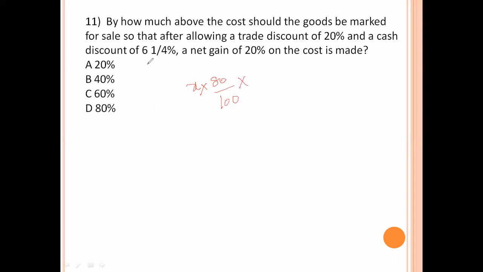And also 6.14% is given as cash discount. So 100 minus 6 1 by 4, 4 6s are 24 plus 125 by 400. 400 minus 25, 375 by 4, percentage means 375 by 400.